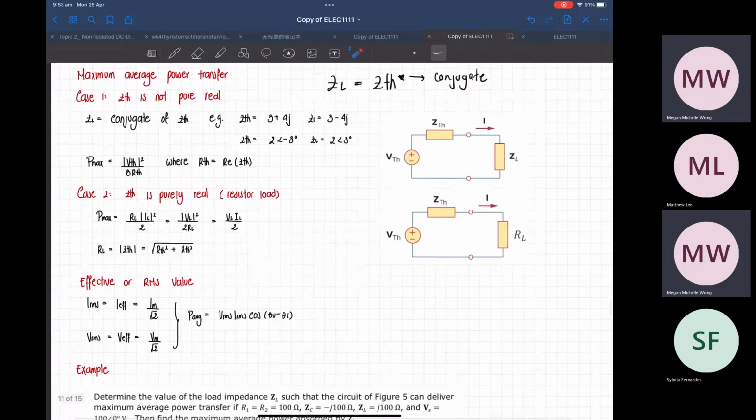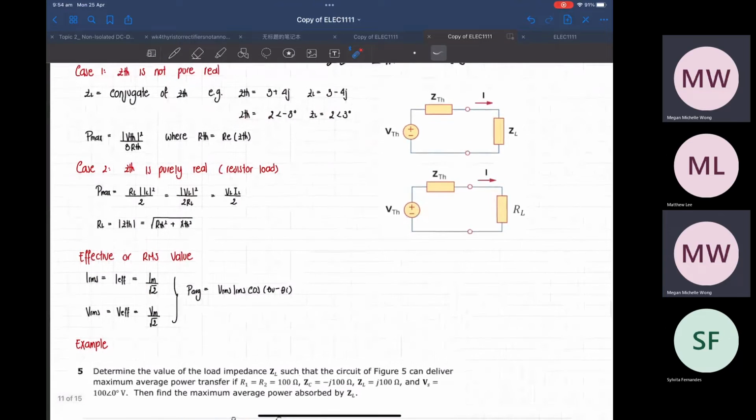So in case 2, when Z Thevenin is pure real, when you have a resistor load RL, your Pmax would have a different equation, which is this. And your RL for maximum power transfer is the modulus of your Z Thevenin. So you have to square the real part and the imaginary part, and then take the root of that.